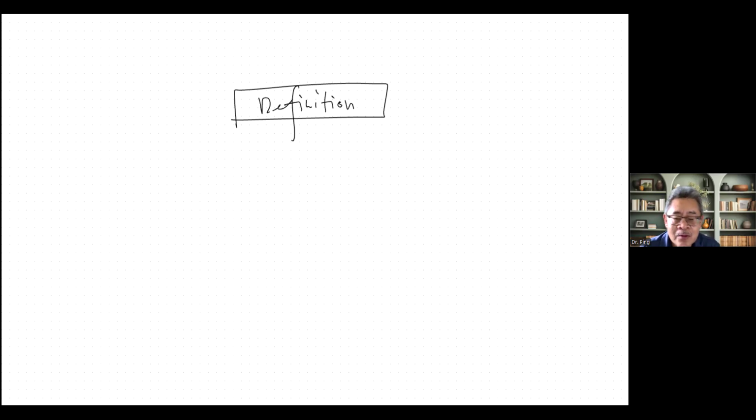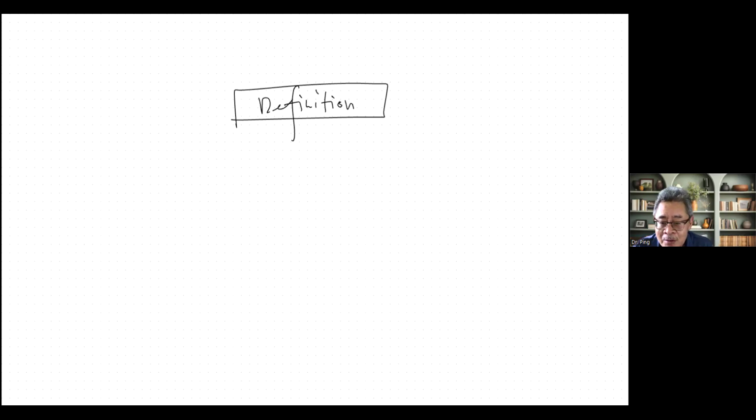Sometimes everybody understands because we already know the definition of certain things. Like say, I have a cat, then I don't have to define a cat. I don't have to say what is a cat.